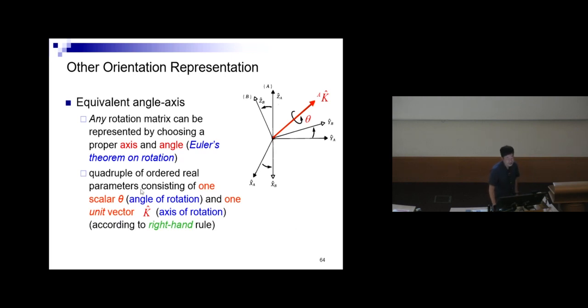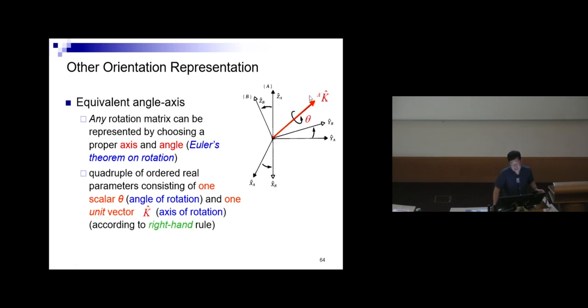So what is the equivalent angle axis? It means that any rotation matrix can be represented by choosing a proper axis and angle. This is based on the Euler theorems on rotations. If this is a fixed frame A, and we have frame B, and we want to rotate frame B, we can rotate it according to an axis.